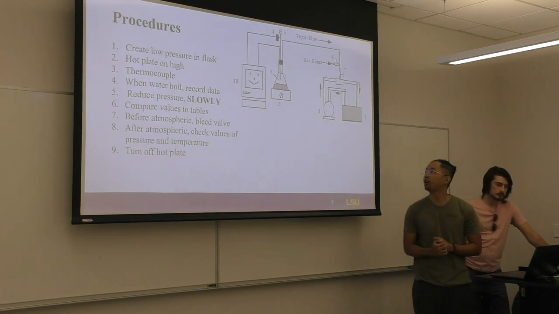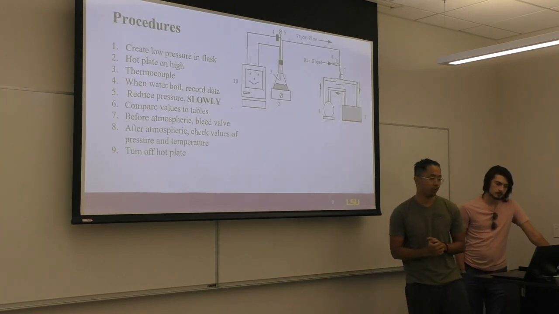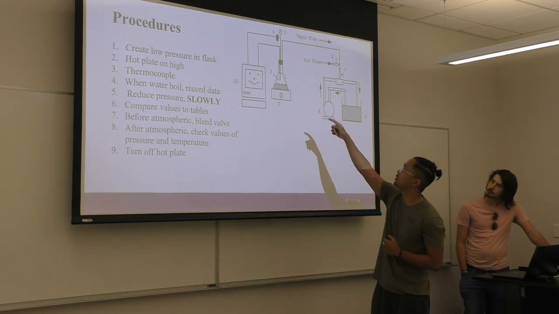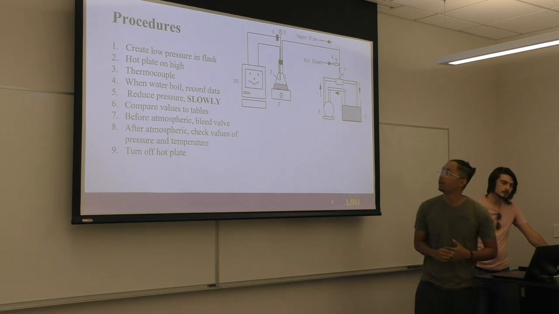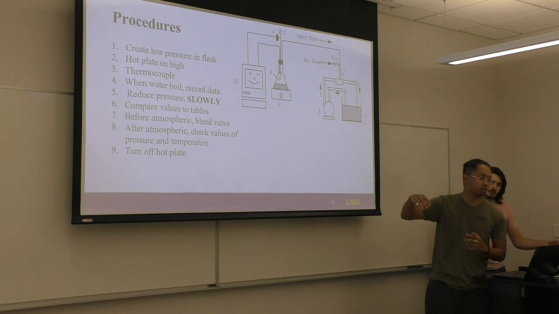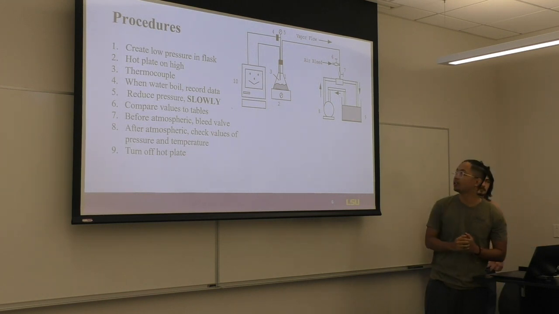And for our procedures, we will be creating a low pressure in the beaker. The beaker is actually sealed to make that pressure. Next, we have to turn on the hot plate on high. Next, we have to check the thermocouple so as not to touch the beaker, because that will give us inaccurate data.